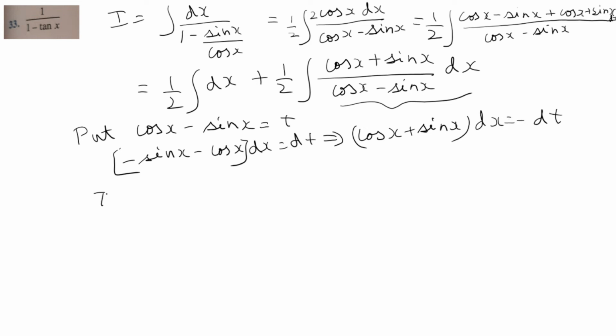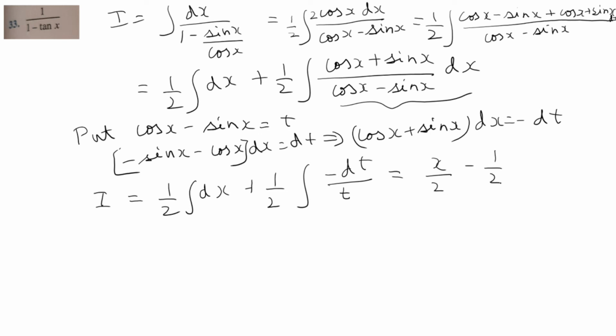Let us substitute this in our I. I is equal to half integral dx plus half integral minus dt by t. So this is equal to integral dx is x by 2 minus half integral dt by t is log mod t plus c. So we have got the answer.